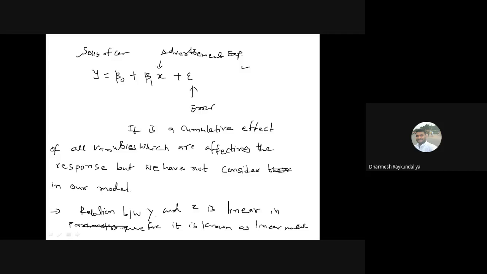Ultimately, our objective is that we wish to obtain the estimates of beta 0 and beta 1, and of course there are certain assumptions on epsilon, that we will come to later. So the approach is estimation of the parameters, testing of the parameters, and obtaining their confidence intervals. That we will do in the entire semester.